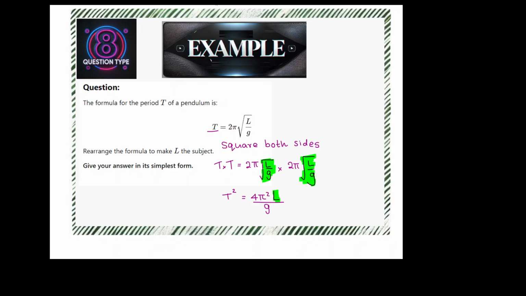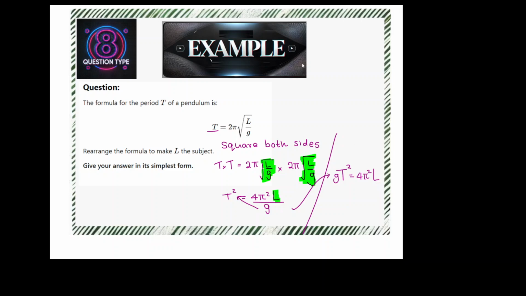So let's leave it on that side and get rid of everything else. So I can move the G to this side. So I get, I'm going to use the space here, G T squared is equal to 4 pi squared L.